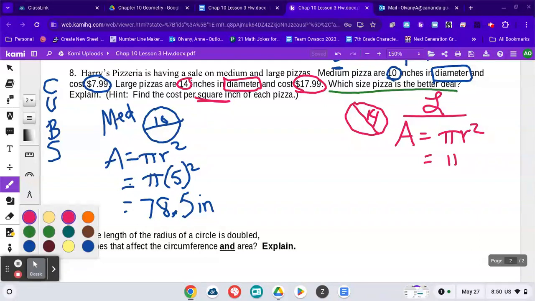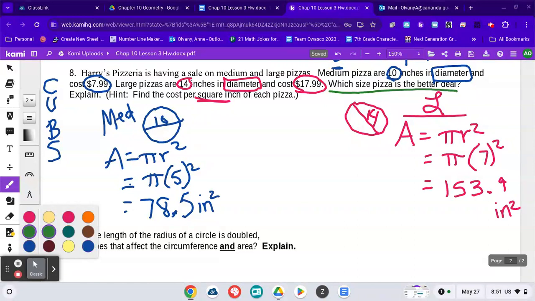If the diameter is 14, the radius must be, you got it, 7. So I'm going to do 49 times pi, which is 153.9 square inches. And look, I forgot to square the area over here.